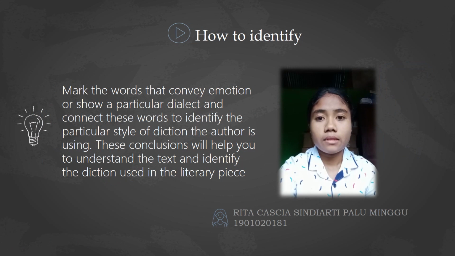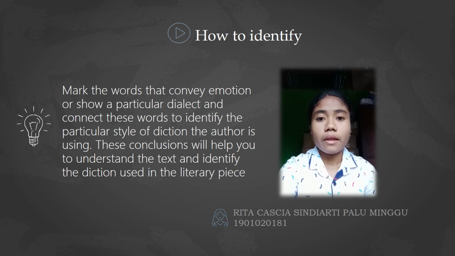Hi, my name is Sebastian Sandiati Pamindis. My topic is how to identify diction. The first one, determine the meaning of the words in the poetry, whether the meaning is direct or figurative. Second, determine the theme of the poet.